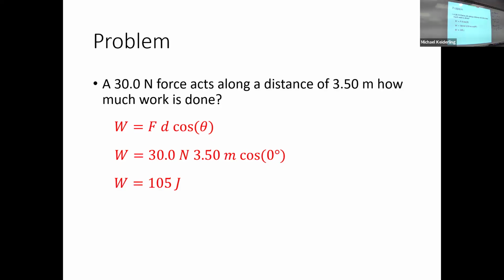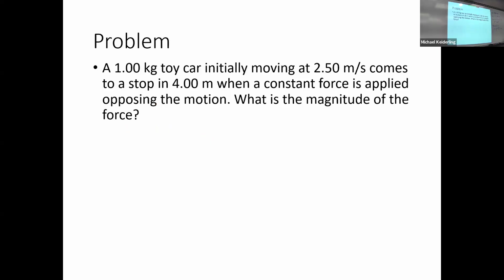Any questions? Here we have a 1 kilogram toy car initially moving at 2.5 meters per second, which comes to a stop in 4 meters when a constant force is applied opposing the motion. What is the magnitude of the force?